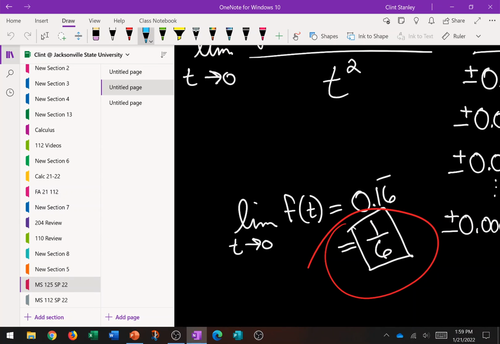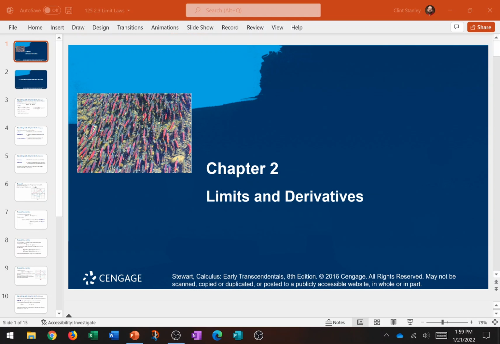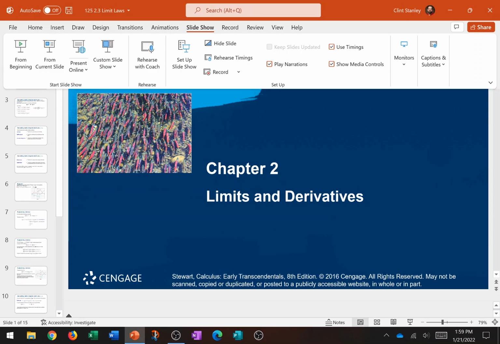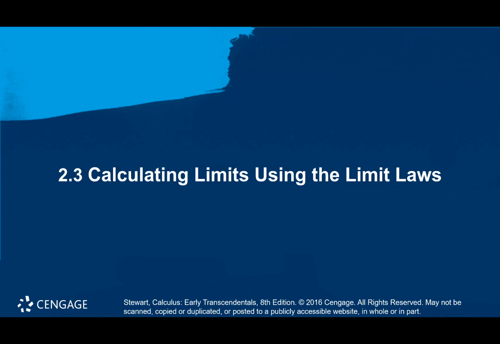Get on the right notebook. Okay. So, moving to our next section on chapter 2 still. This section is short lecture-wise.